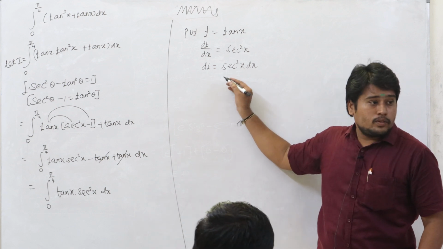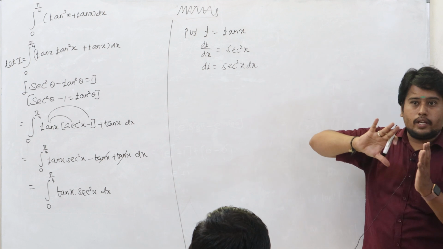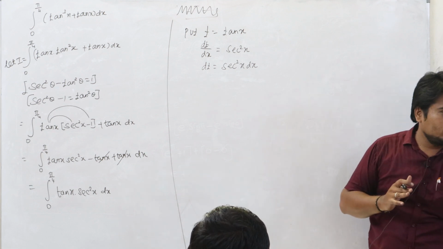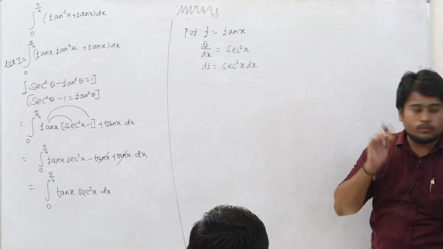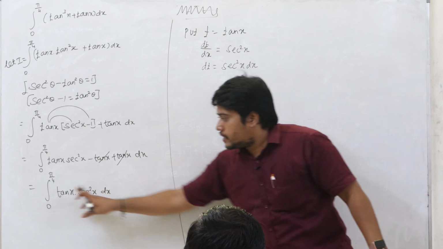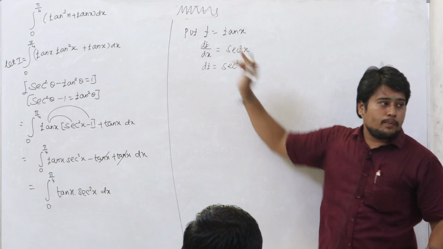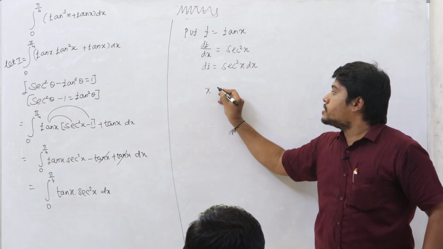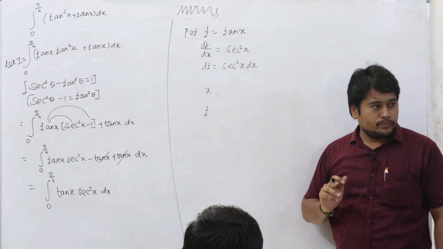Okay? Using the substitution method, we converted one variable into another variable. Next important thing, the limits must be changed. Now the limits are with respect to x, but we can treat them as t. So we have to change them into t.